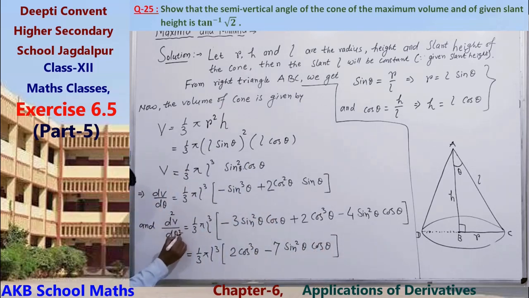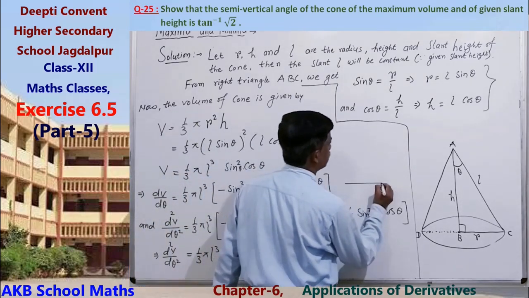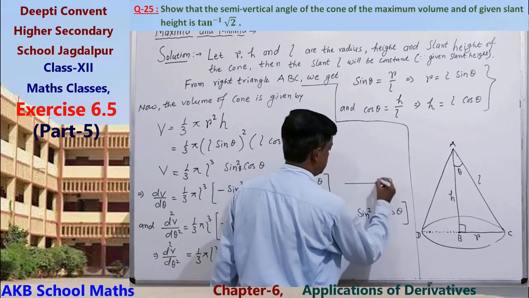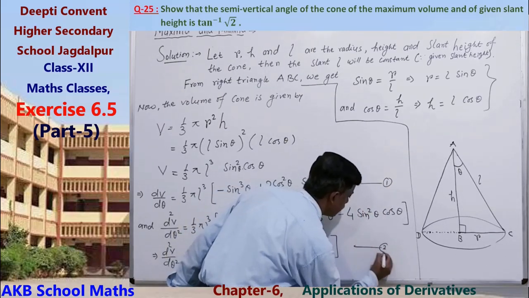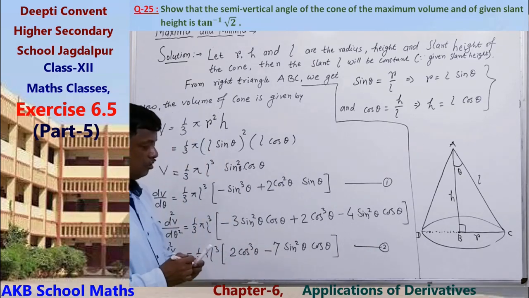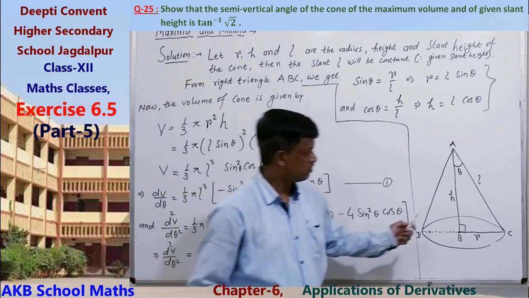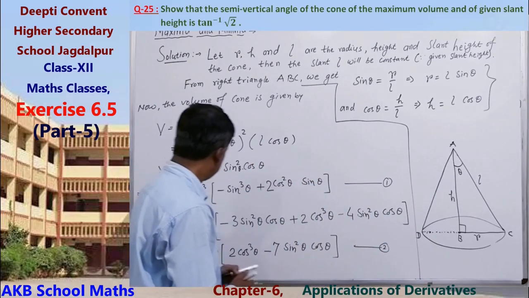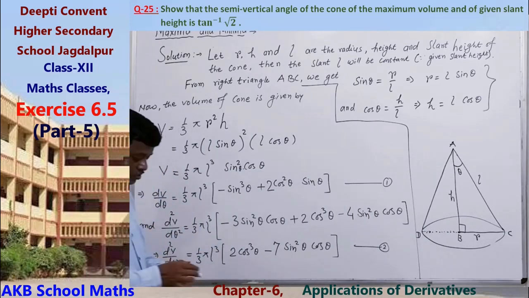This is the first derivative. Now, for maximum volume of the cone, the first derivative is equal to 0.